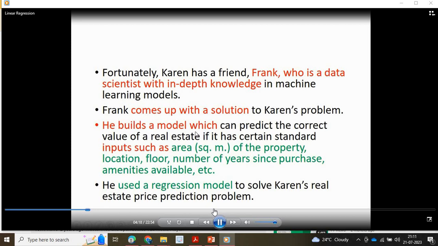What he did is he built a machine learning model that can correctly predict the values of real estate if certain standard input parameters are given, such as area of the property, location, floor, number of years since purchase, and amenities available in the property. She used this regression model to solve the current real estate price prediction problem.